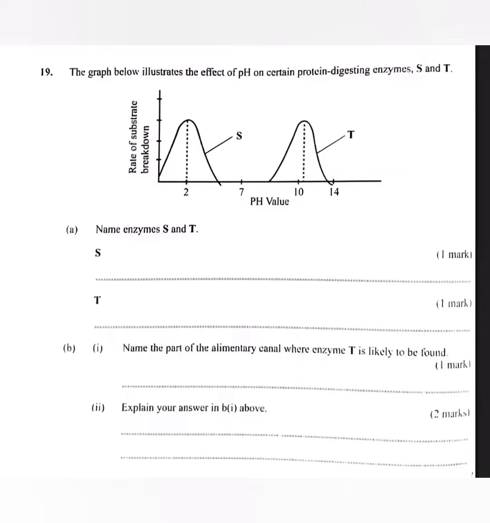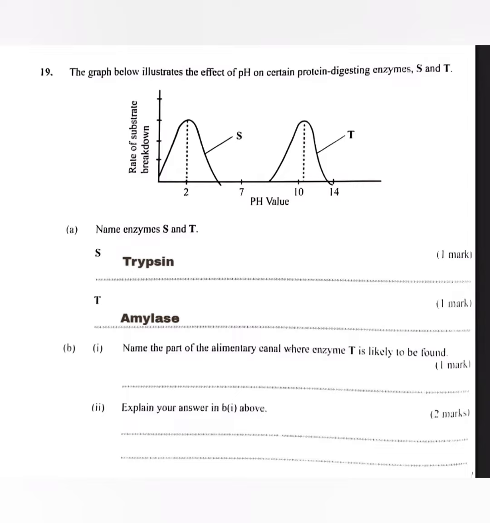Trypsin works under acidic medium. Then as for T, I'm going to give you amylase. Amylase digests carbohydrates under alkaline medium. Then as for B, Roman numeral 1, it is saying, name the part of the alimentary canal where enzyme T is likely to be found.